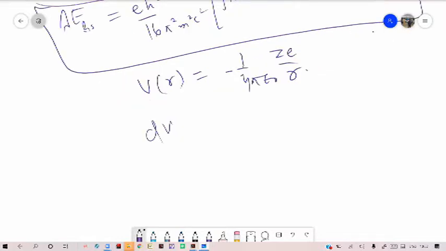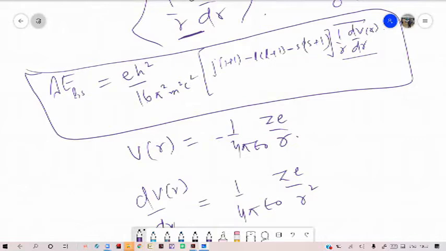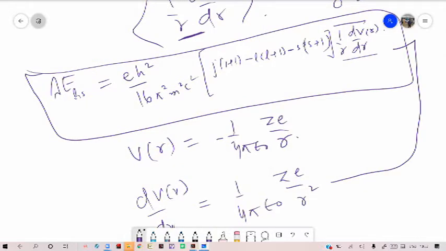And so dV by dr of r is 1 by 4 pi epsilon naught Ze by r square. If you put this value in this equation, what will we write?